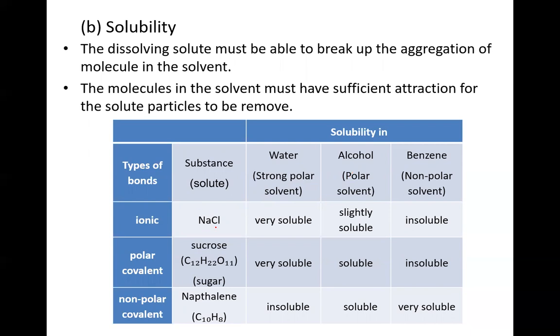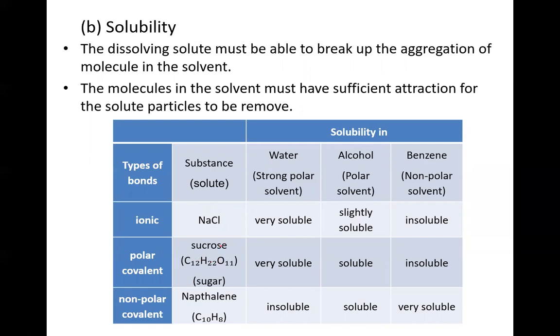When sodium chloride dissolves in alcohol, it is slightly soluble, but in benzene, a non-polar solvent, it is insoluble, because this solvent does not have sufficient attraction to break the attraction between sodium chloride particles.